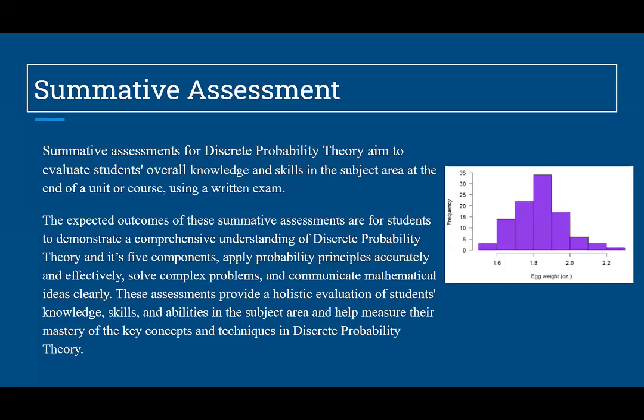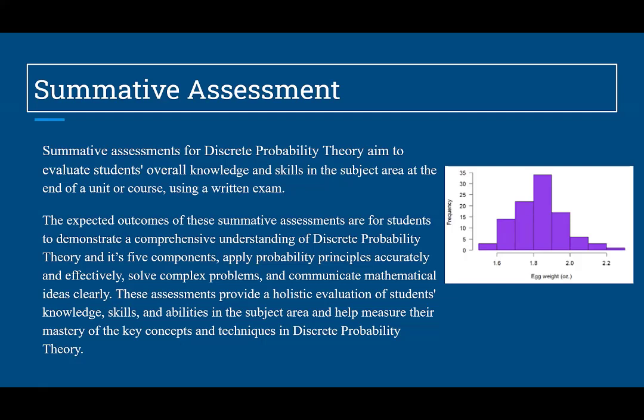Summative assessments for discrete probability theory aim to evaluate students' overall knowledge and skills in the subject area at the end of a unit or course using a written exam. The expected outcomes of these summative assessments are for students to demonstrate a comprehensive understanding of discrete probability theory and its 5 components, apply probability principles accurately and effectively, solve complex problems, and communicate mathematical ideas clearly.